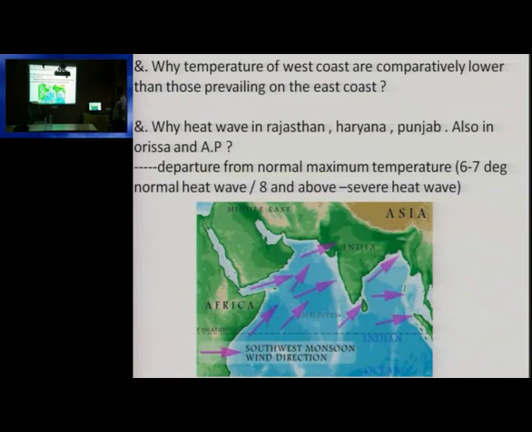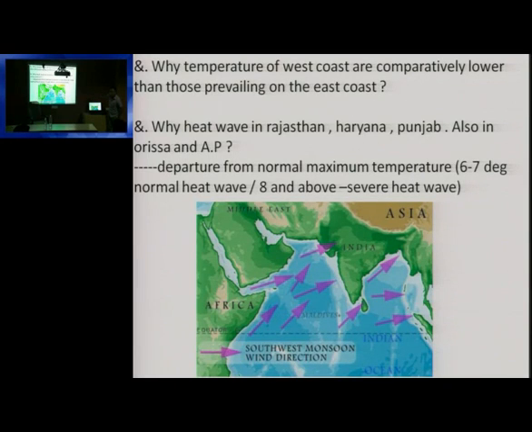Now, why are temperatures on the west coast comparatively lower than those prevailing on the east coast? Any reasons? Anyone? See, this is the answer. With temperature, we are mainly concerned with latitude. Imagine two places, one place here, one place here.